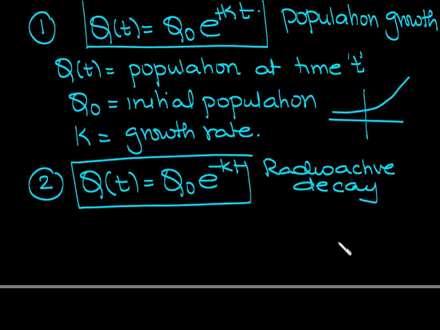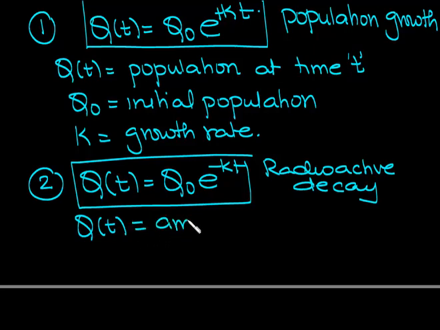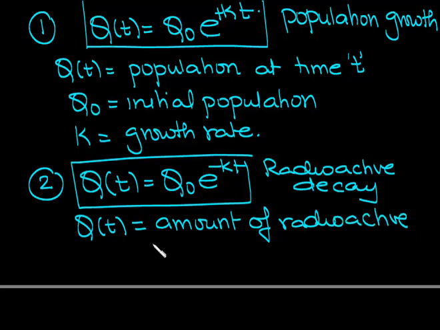So what is radioactive decay? If you recall, radioactive material always emits radiation. As it emits radiation, it loses its mass, so it decays in mass. So in this case, Q of t is the amount of radioactive material present at time t.